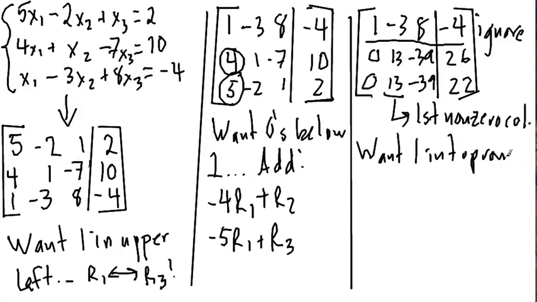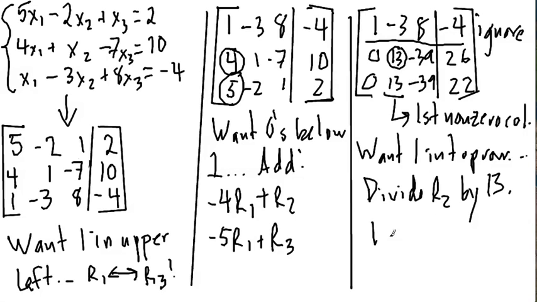You might notice now that you can actually do something a little bit slick, you don't even really have to follow the algorithm to finish this up, but let's just keep doing the algorithm. So we're going to divide row 2 by the first non-zero entry, which is 13, and I tried to make the numbers work out pretty nicely this time. Again, that's the sort of thing I'll do in an exam.